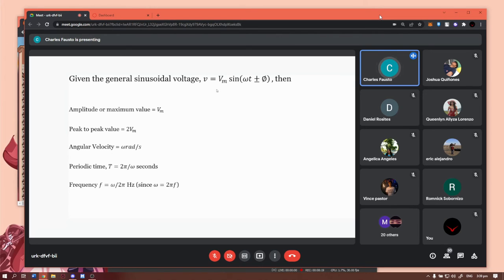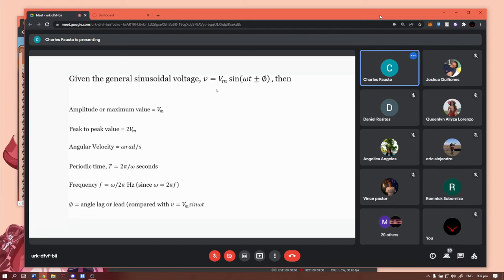And yung frequency, omega over 2 pi hertz, since omega is equivalent to 2 pi f. No? Tatandaan yan, yung mga equivalent na yan. So, pag ginanap sa problem, alam nyo kagad isolve yung hinihingi sa problem.